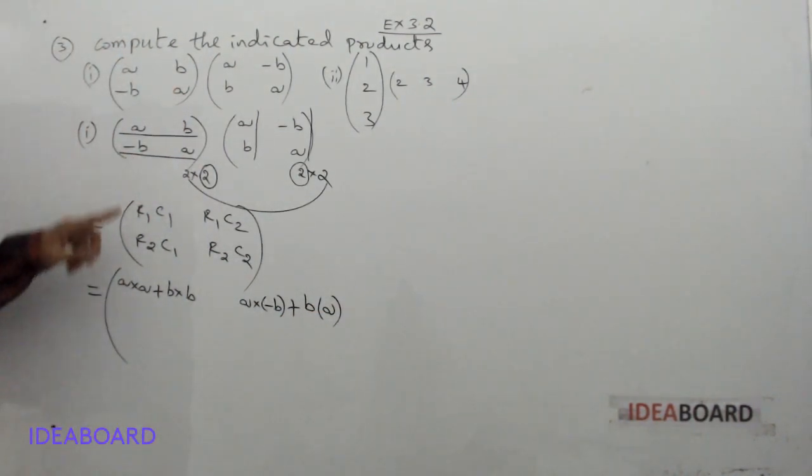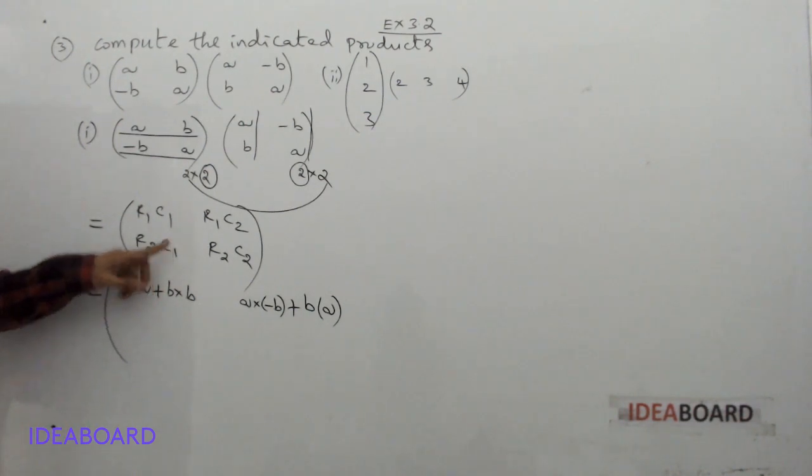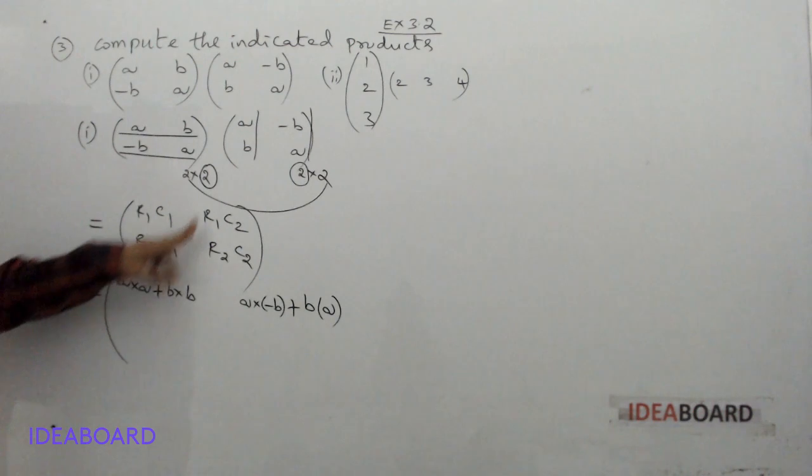Similarly, now we have to take R2 into C1, second row. R2 means second row. C1 means first column.